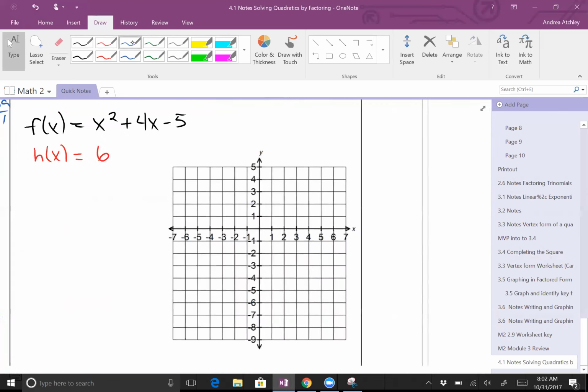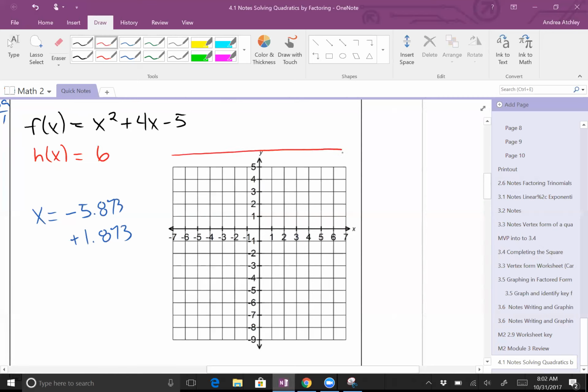So your answer should have been x equals negative 5.873 and a positive 1.873. Okay. So we can easily graph the 6, which isn't on our graph. I must have graphed a -6 or something.